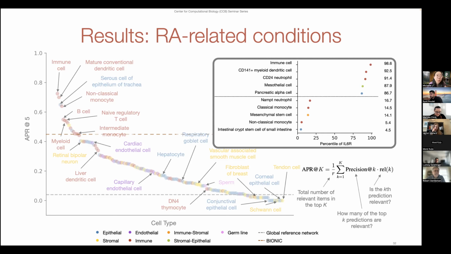But there were results from that analysis on the single cell RA specific atlas that, for example, IL-6R specifically in myeloid dendritic cells was a promising candidate or a biomarker for patients with RA. Okay, thank you.